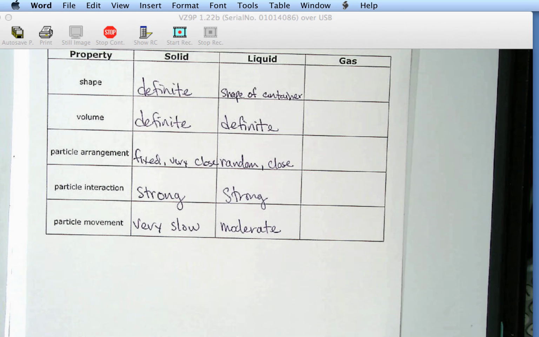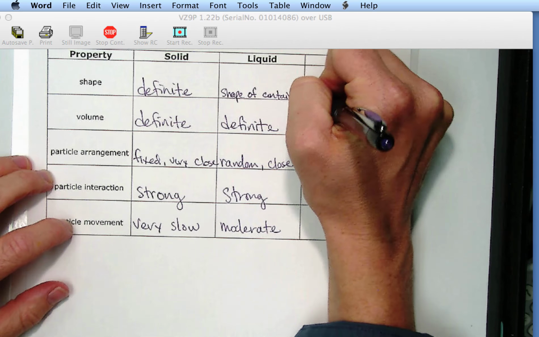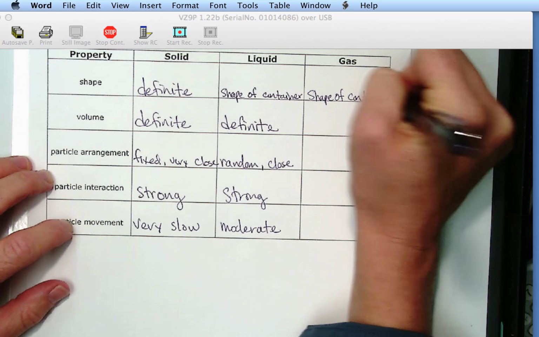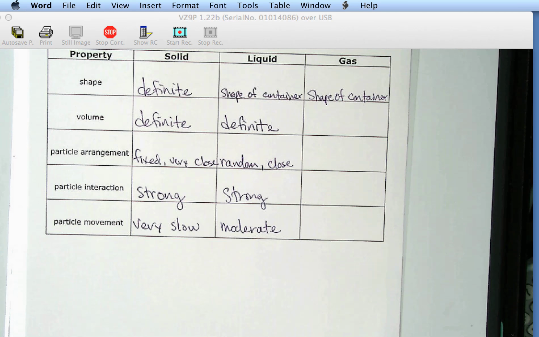All right, what about a gas? Does a gas have shape? Shape of the container. What about volume? Volume of the container. Takes on that volume with it.